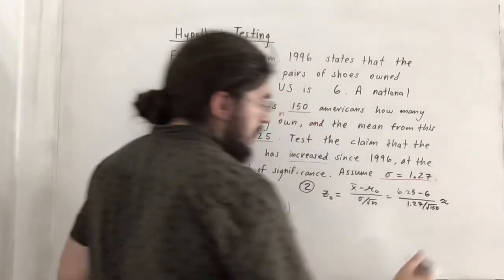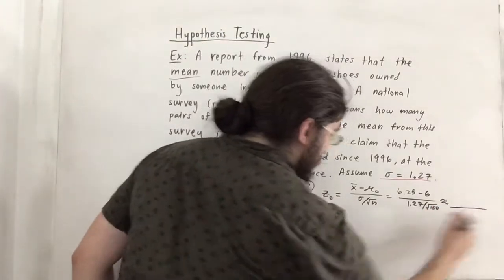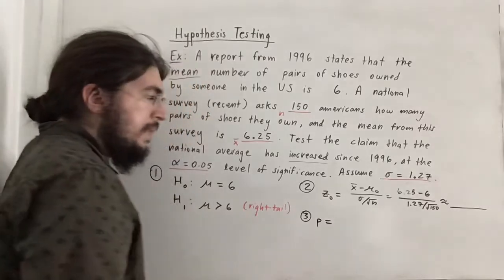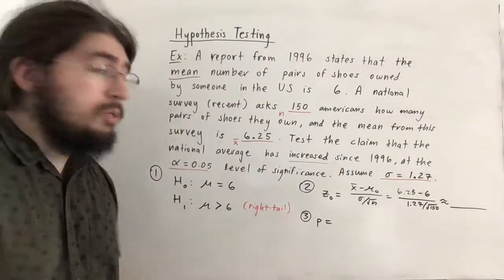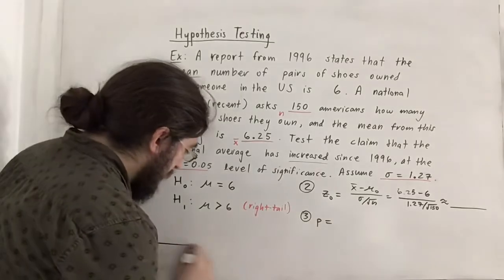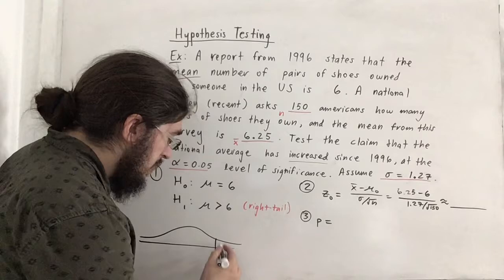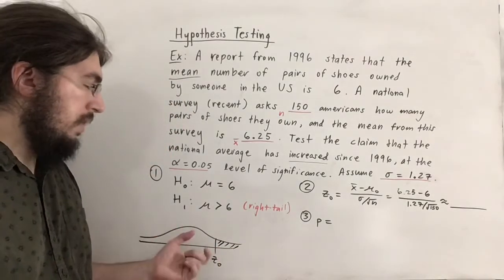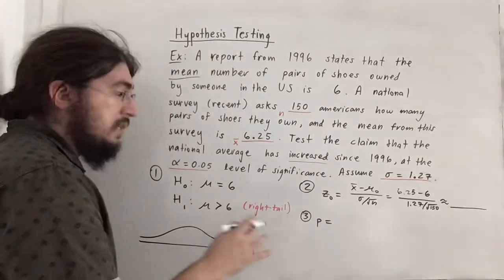I'll just be using my calculator off screen to evaluate this, and then after I evaluate this number, step 3 is going to be asking us to find P. And remember, for P, it's going to be either left tail, right tail, or two tail. It's right tail in this case. Finding the right tail end area of Z0 is going to have to be from Z0 to infinity for normal CDF because it's a Z curve.